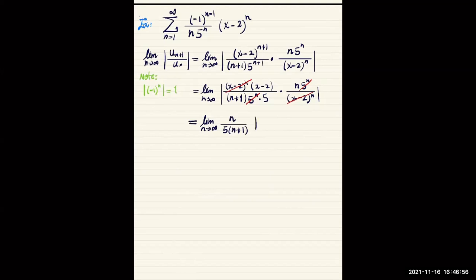And absolute x minus 2 must stay in absolute value because we don't know the value of x. That's your unknown. N is always positive. And again, for the power series to absolutely converge, we want this to be less than 1. Now you have an inequality.